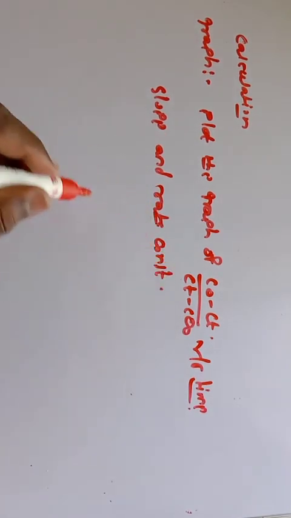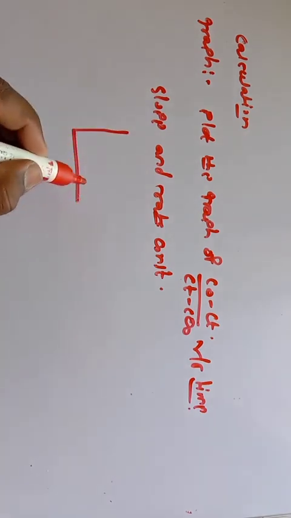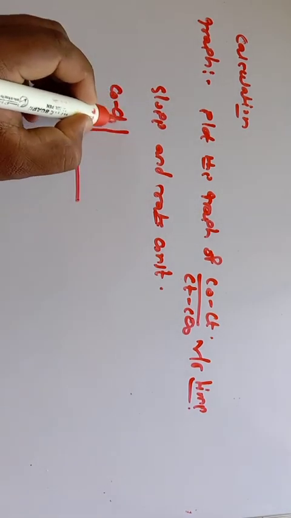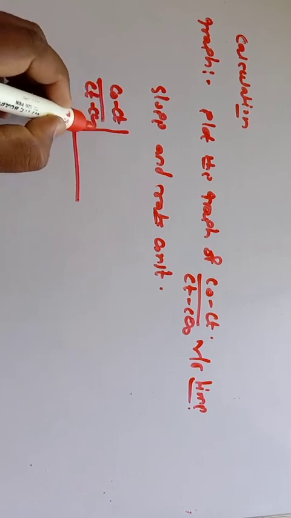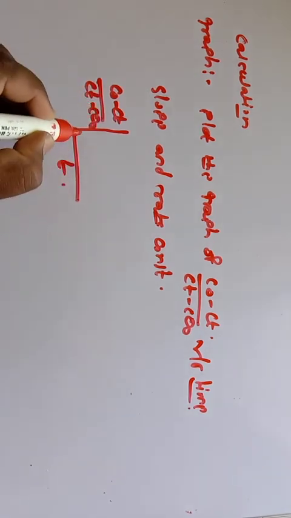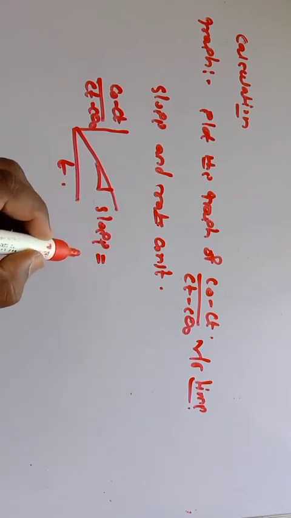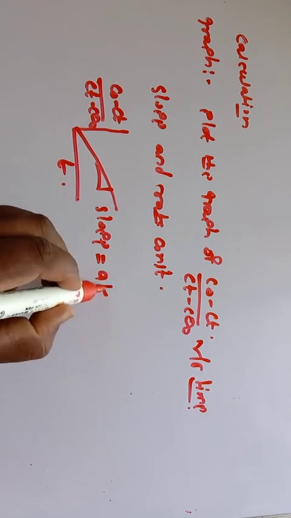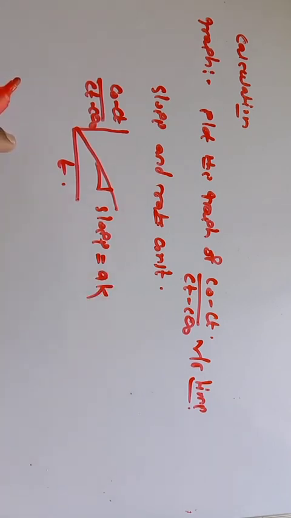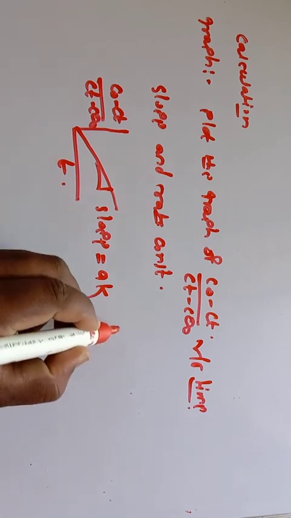When you plot the graph, we get a straight line graph of C0 minus Ct upon Ct minus C infinity versus time, with slope equal to aK. If you know the slope, we can easily find the K value.